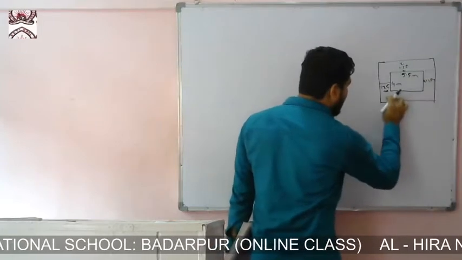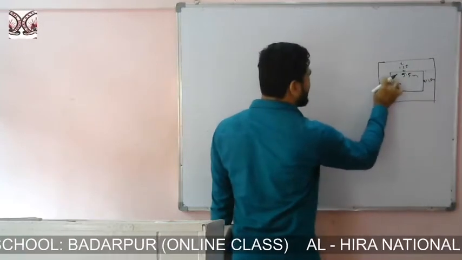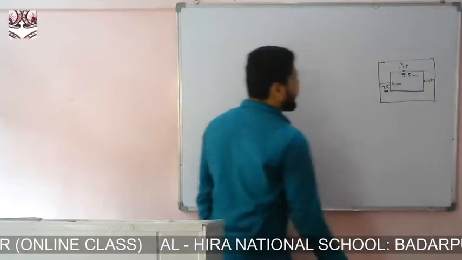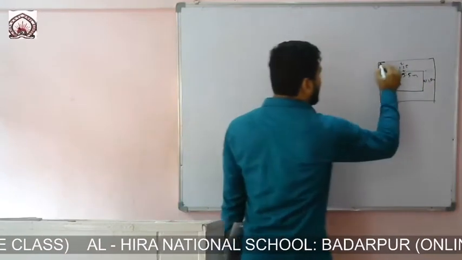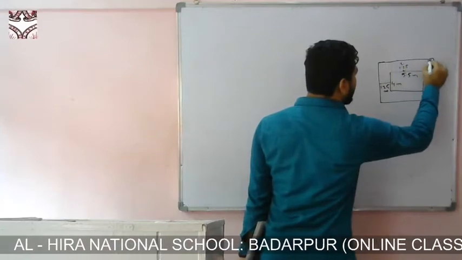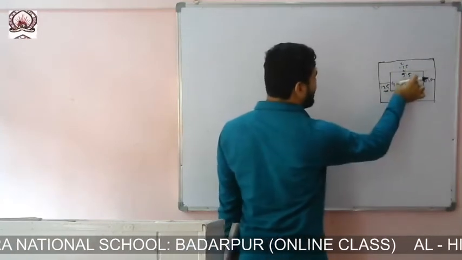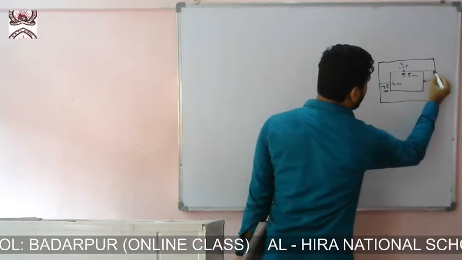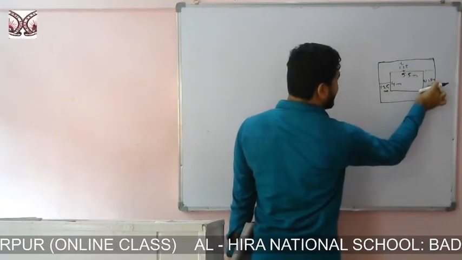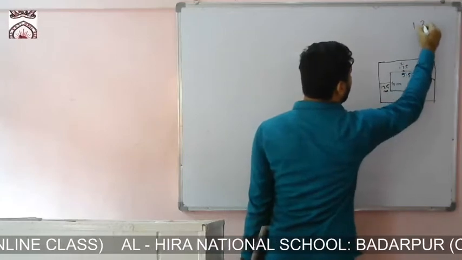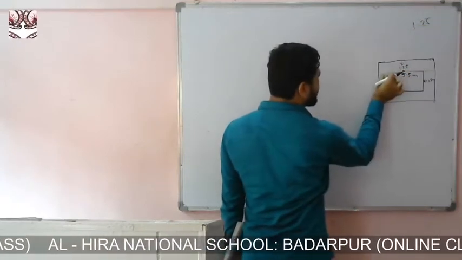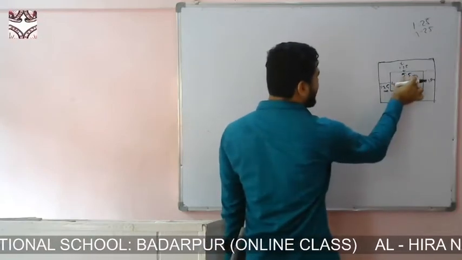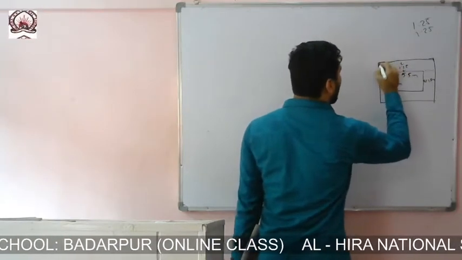So everywhere this gap will be 1.25. So the measurement of this length will be 5.5 plus 1.25 plus 1.25, because if I add this portion, which is 1.25, and this portion, which is 1.25, then we'll get the whole length.